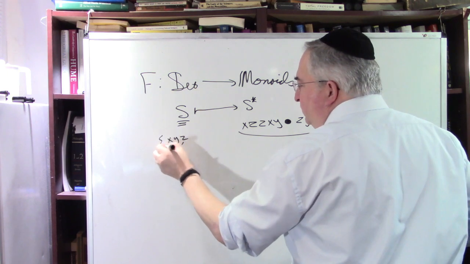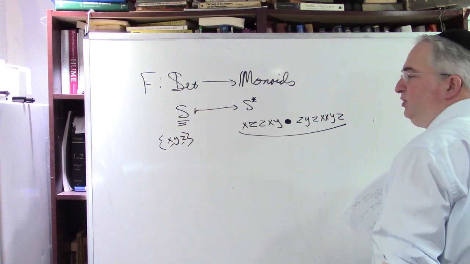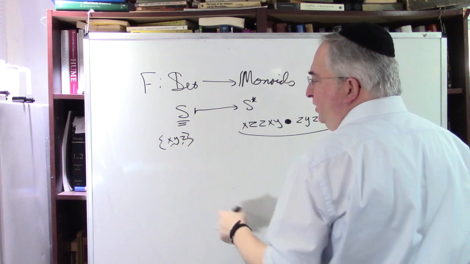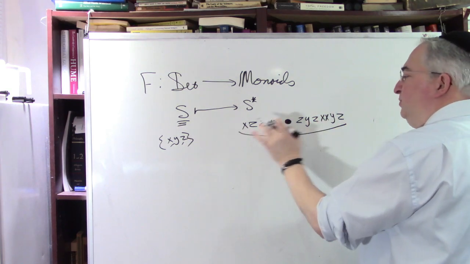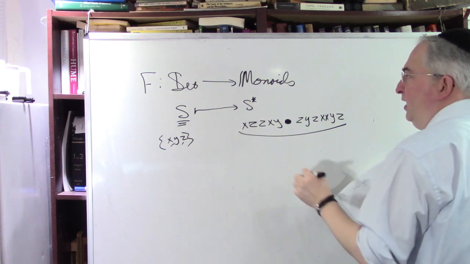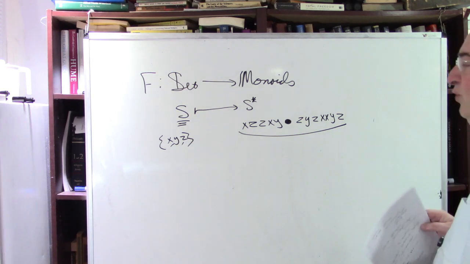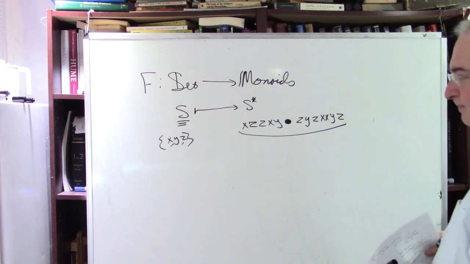So here's a typical way the functor works. Here's your alphabet, and these are words made out of that alphabet. So this is called your free monoid.